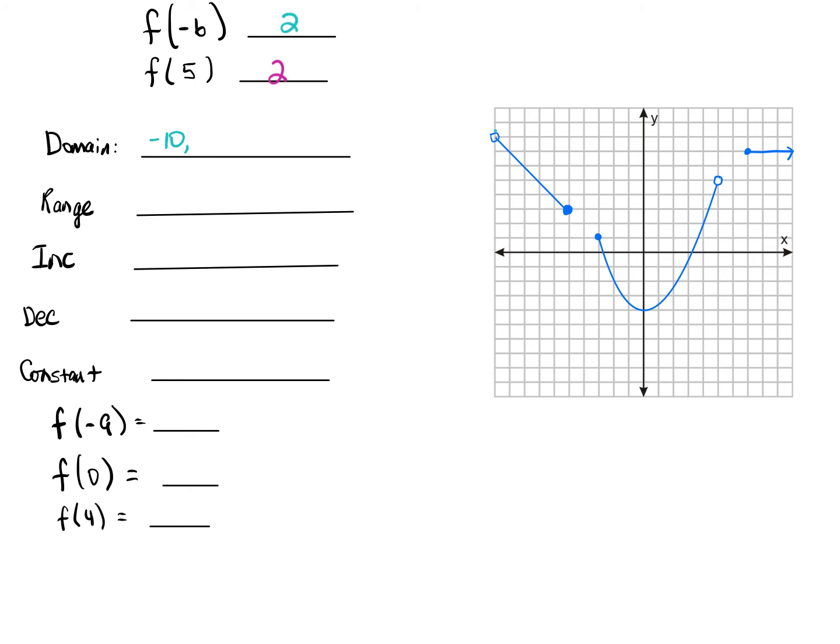Look at your lines. All of these lines do not connect at the same x value. So you're going to have 3 parts here for your domain. So it goes from -10 to where? -5. What does the -10 have on it? What kind of circle is there? Okay, good.